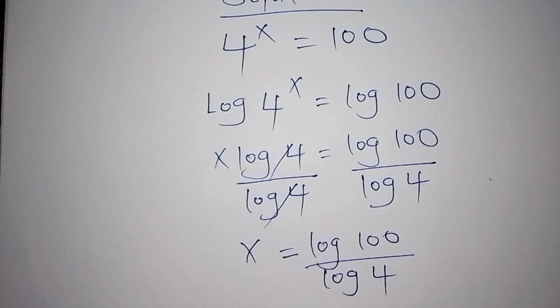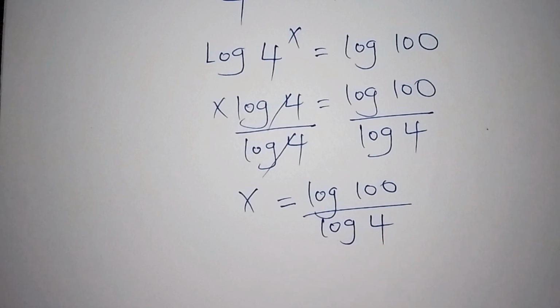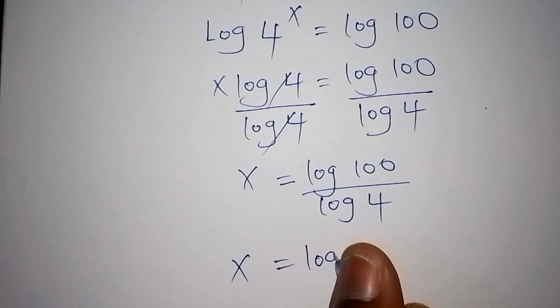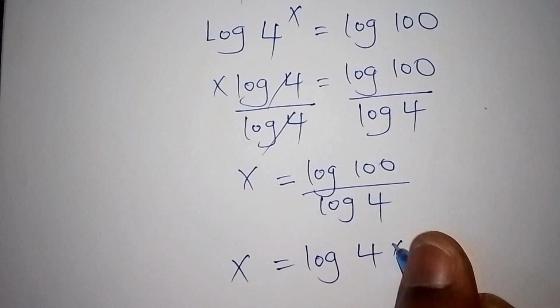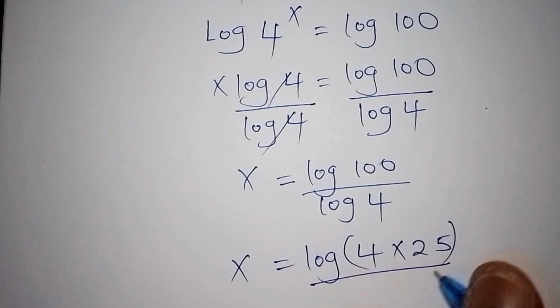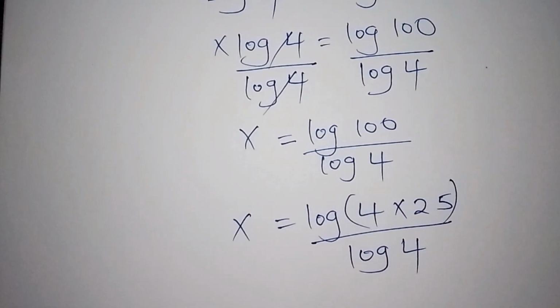We don't stop at that point. We can still factorize the log of 100 by writing it further. Now x is equal to the log of 4 multiplied by 25, in a bracket, all over the log of 4.